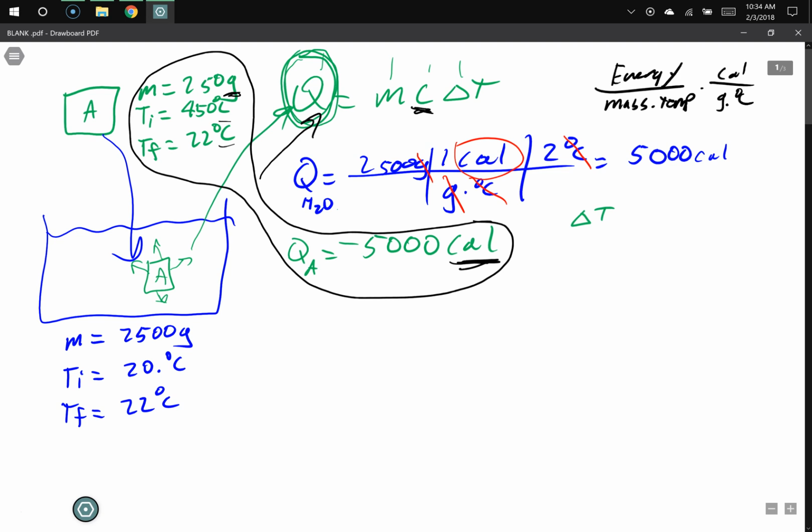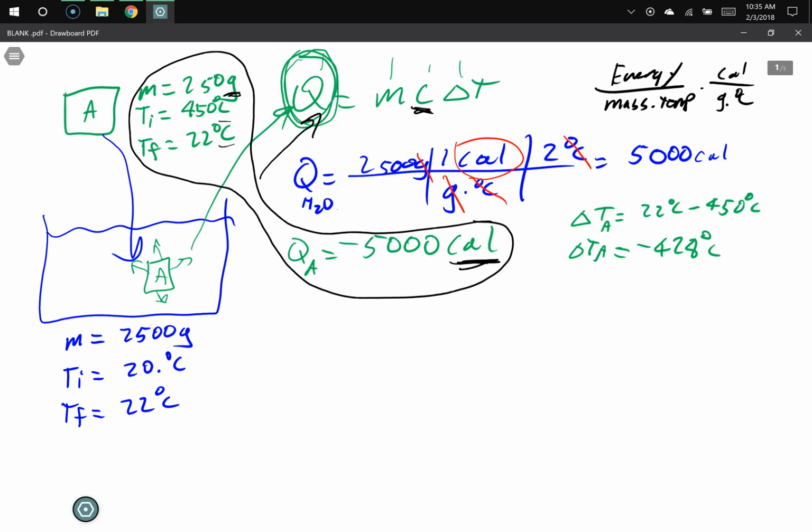The change in temperature of object A is 22 degrees Celsius minus 450 degrees Celsius. So then my change in temp for A is negative 428 degrees Celsius. Great. Okay, so I need to set up my calculation to give me these units up here.